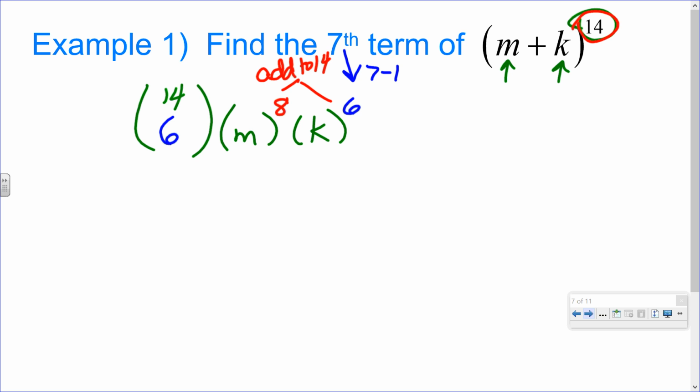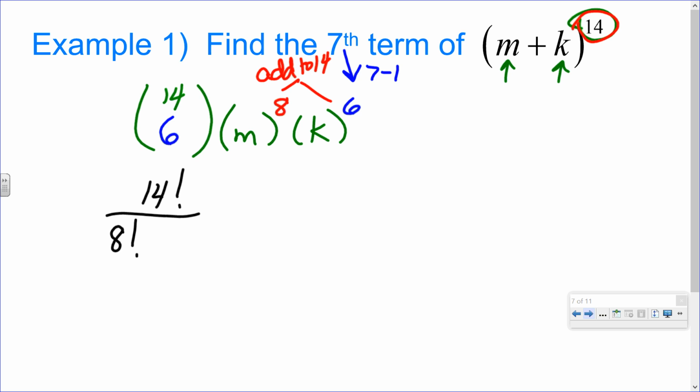So all that's left is for me to simplify what 14 choose 6 is, and I need to write out the factorial form. Combinations means 14 factorial over 14 minus 6 factorial, which gives me 8 factorial.